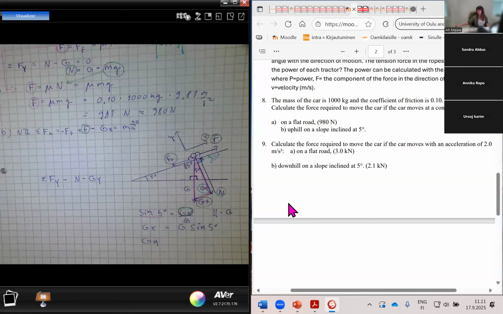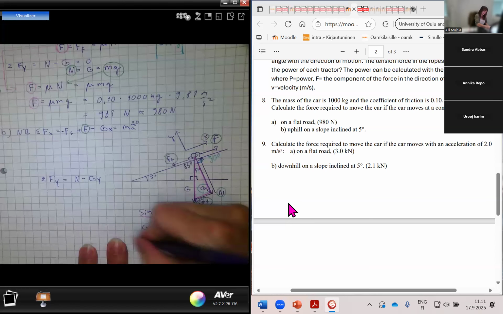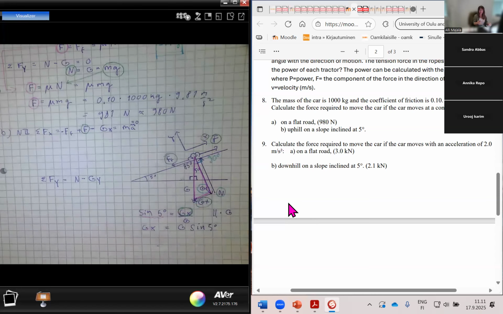And then in the same way, I do the gy. Now I'll just write it from the beginning. So cosine for the 5. What is it? 0.99. It's again the gy, which is the side of this triangle that is not opposite, but adjacent.